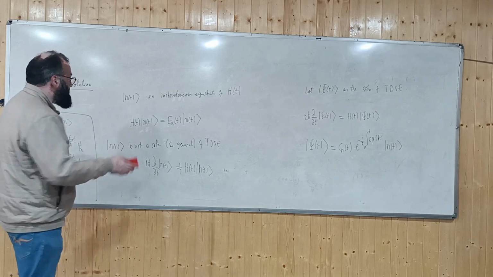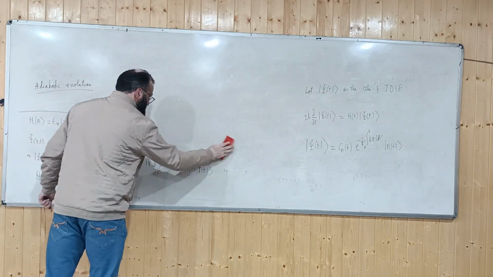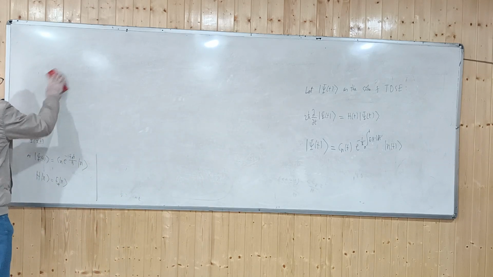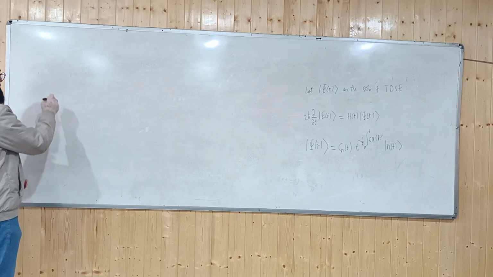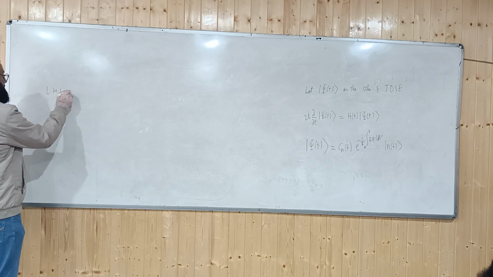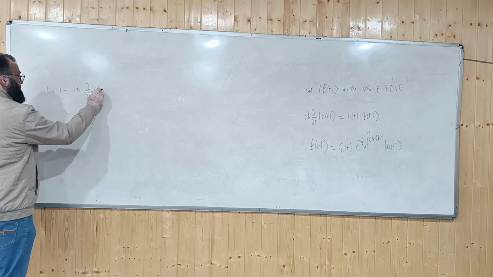So substitute it in the above equation. Okay, so let's take this LHS. So it's iħ partial by partial t psi of t.